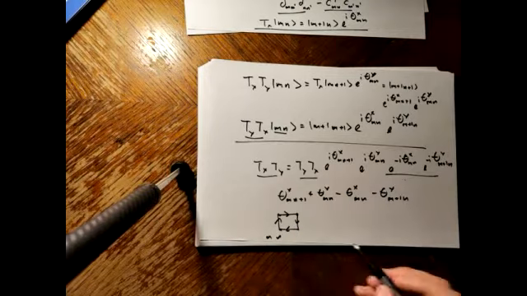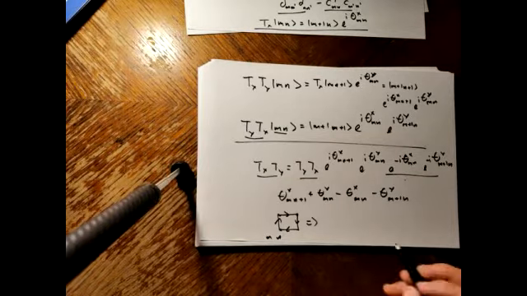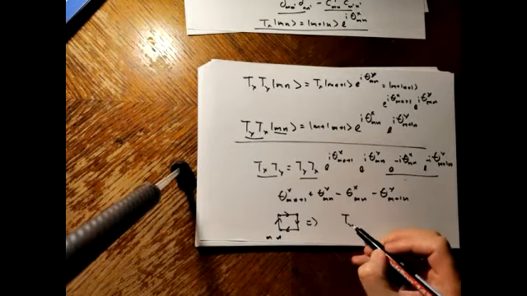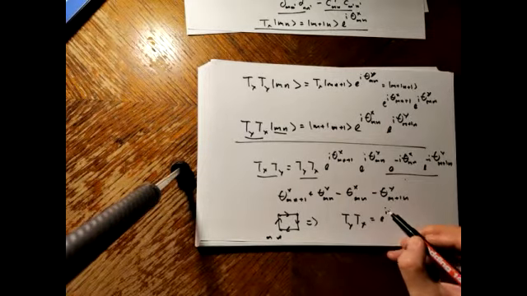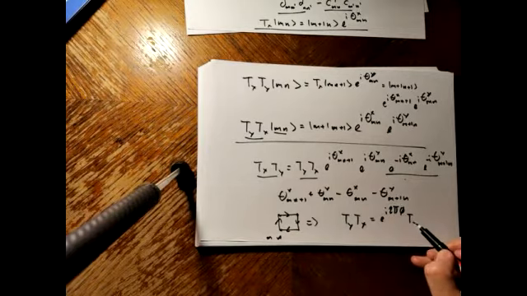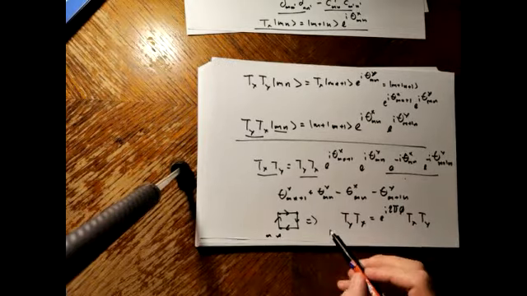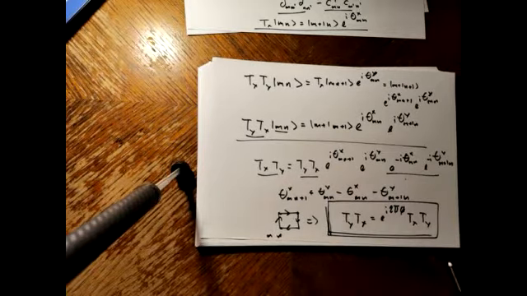So it's actually the negative flux per plaquette, per unit cell. But I guess the way I want to write this is that Ty Tx is equal to e to the i 2 pi phi times Tx Ty. Okay, so this is actually a result.